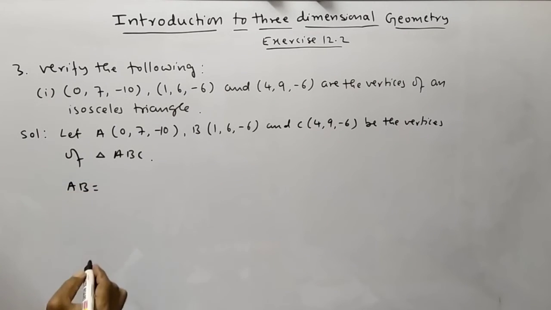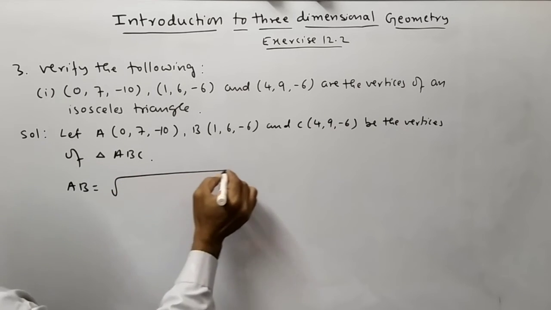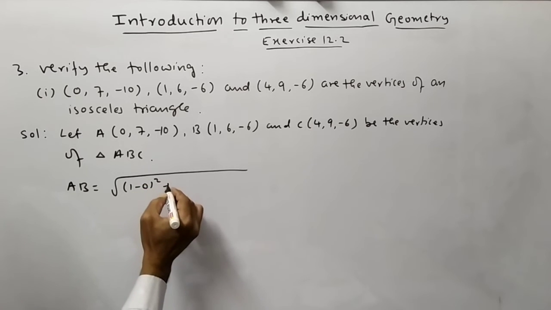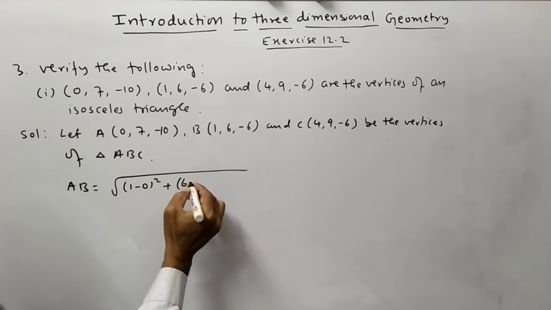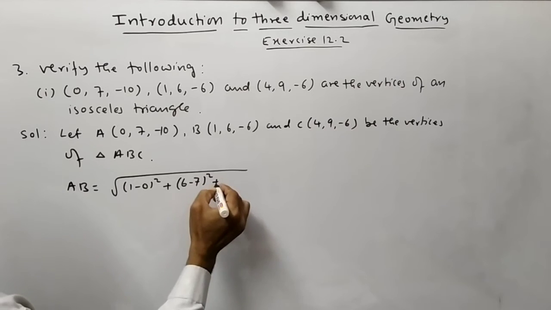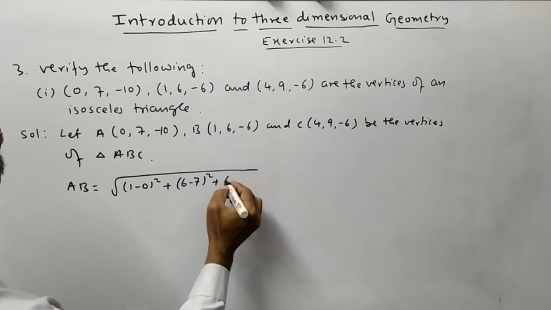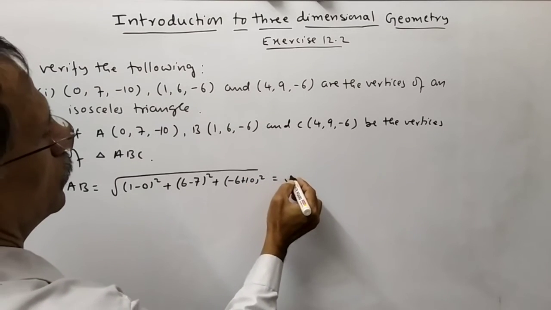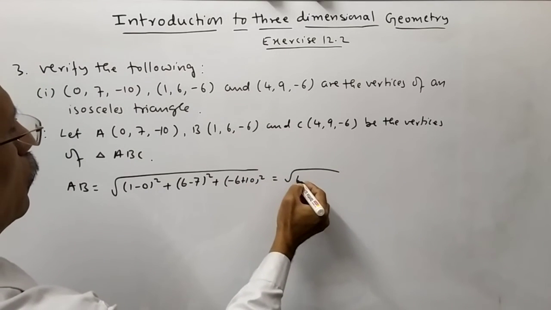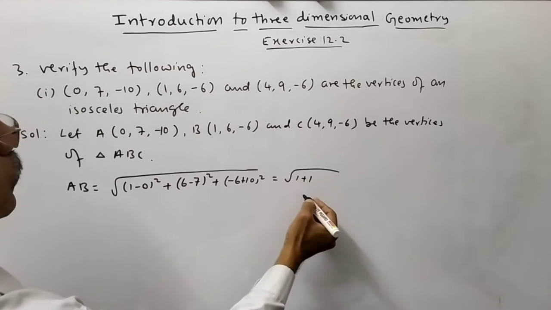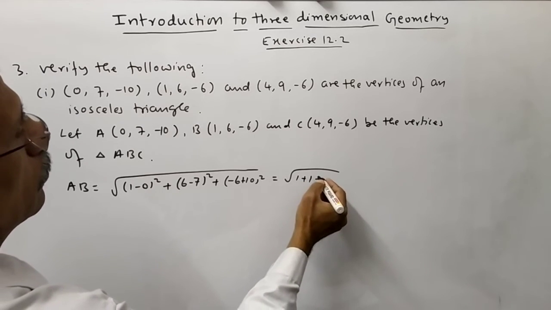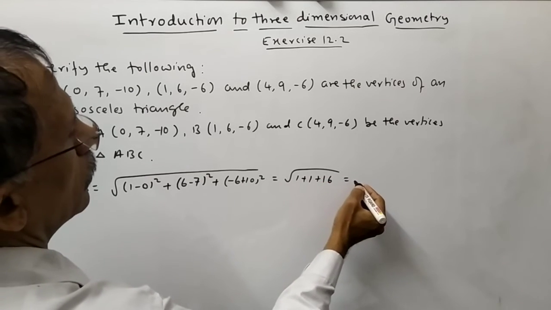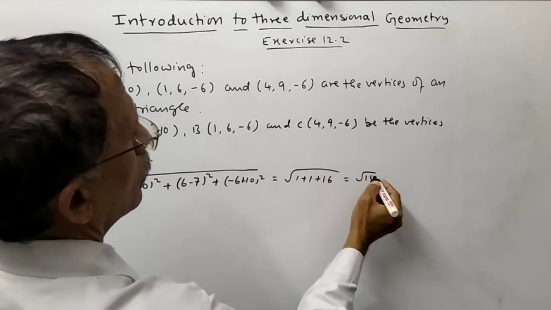AB is equal to square root of 1 minus 0 whole square plus 6 minus 7 whole square plus -6 plus 10 whole square, is equal to square root of 1 plus 1 plus 16, is equal to square root of 18.